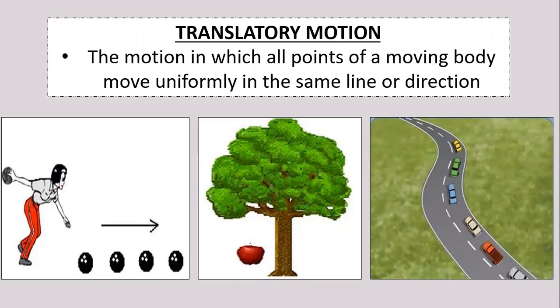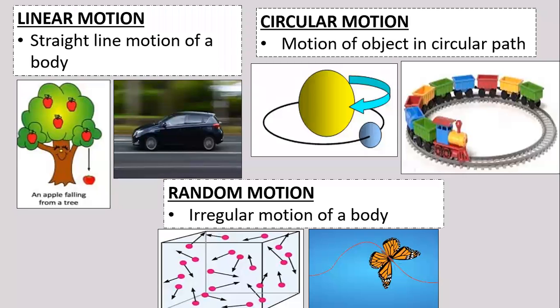The apple falling from the tree is coming straight vertically down to the ground. All the cars are moving on a straight road, but the line, that is path of road, is curved. Translatory motion is further subdivided into linear motion, circular motion, and random motion.